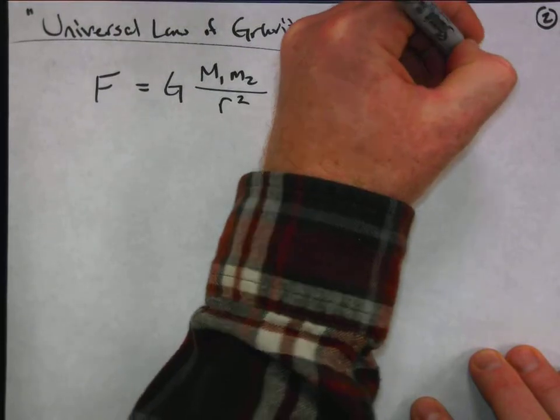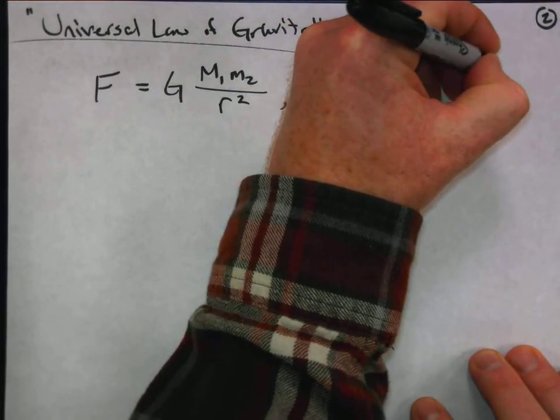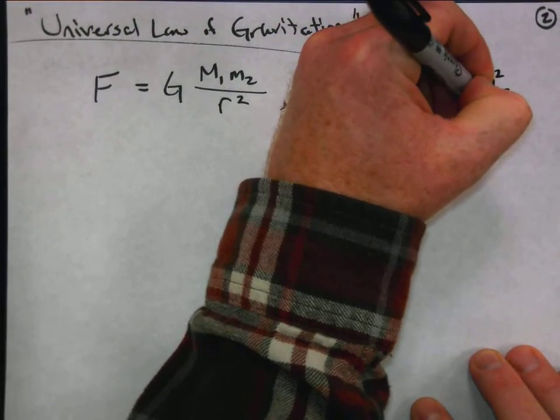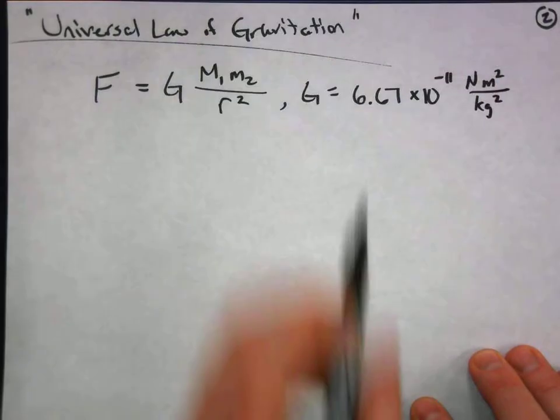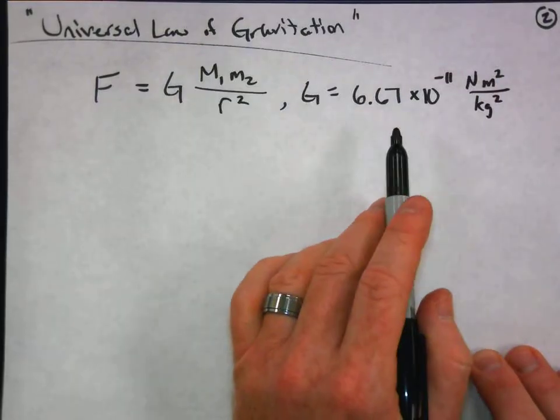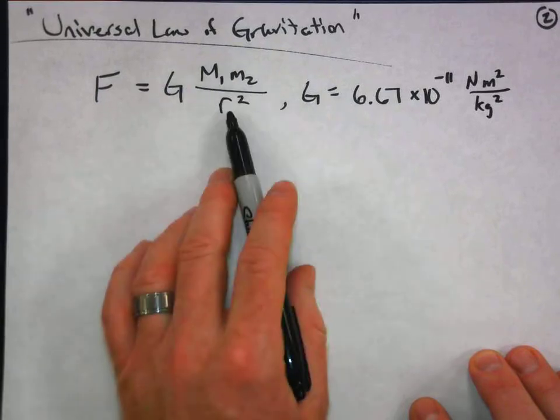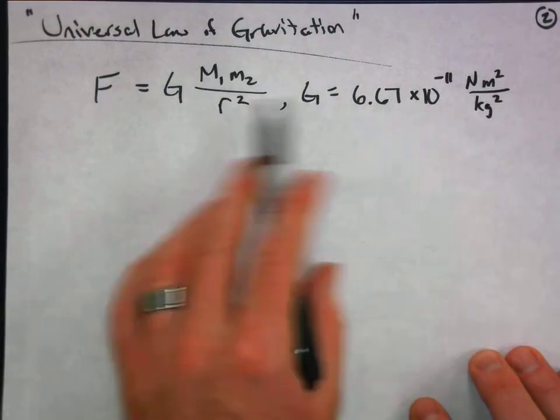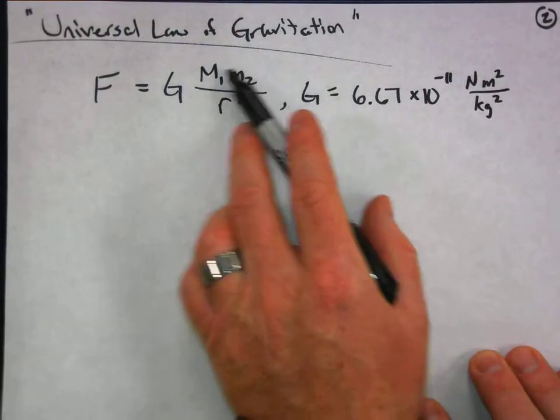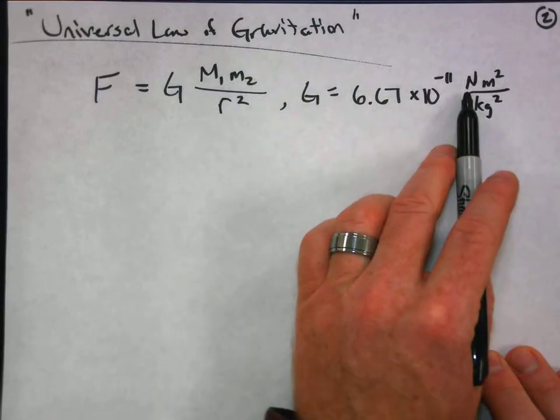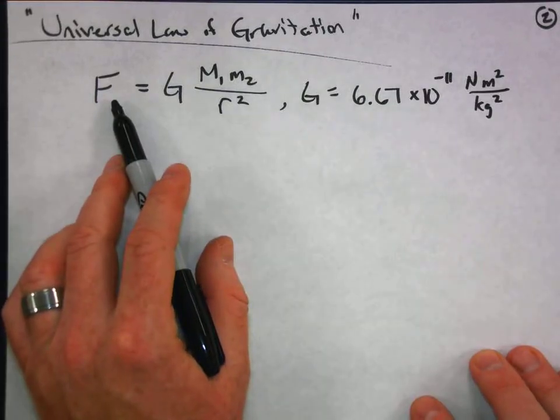So the units here become newton meters squared divided by kilograms squared. When the units are all worked out, you can see that the meter squared will cancel and the kilogram squared will cancel, and you're left with newtons, a measurement of force.